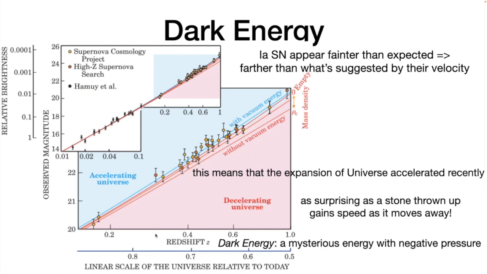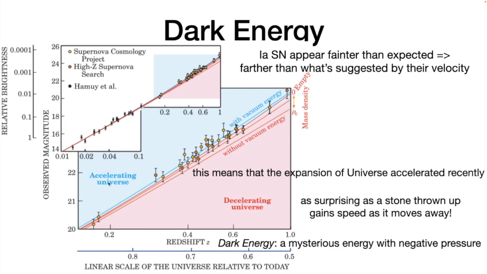How do we know about dark energy? We know about dark energy precisely by doing what Hubble did, right? You measure the velocity of a galaxy and you measure its distance, put them on X versus Y and see how it looks. So Hubble and others were looking at very nearby galaxies.